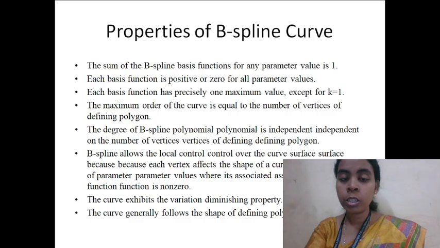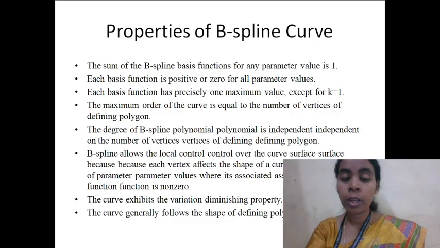Now imagine applying this concept to a surface. A B-spline surface is like a smooth sheet over a grid of control points, but instead of being influenced by all points equally, only local sections are affected when you move a point.